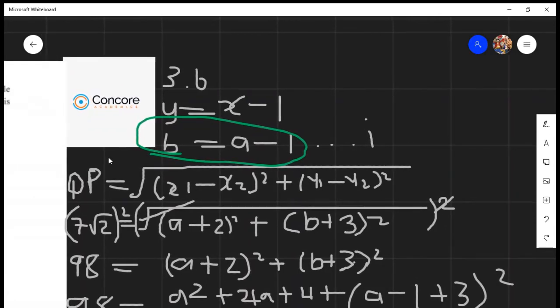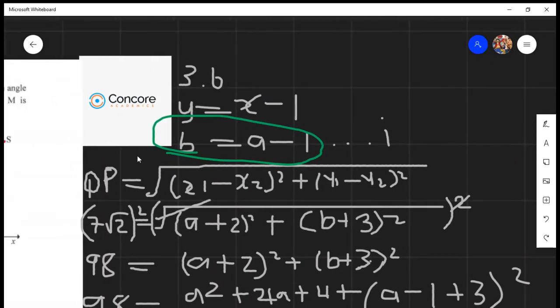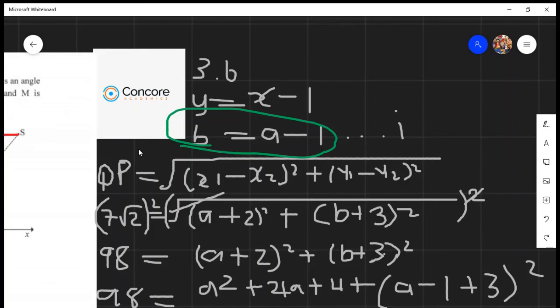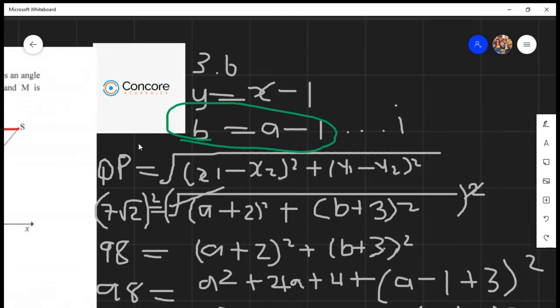Wait, how PQ was? I did do the calculations. I just erased it and then wrote the answer further up so we have enough space.